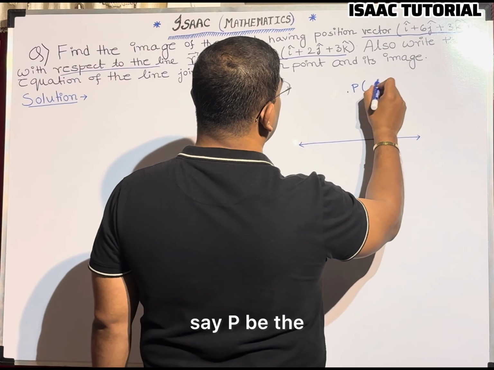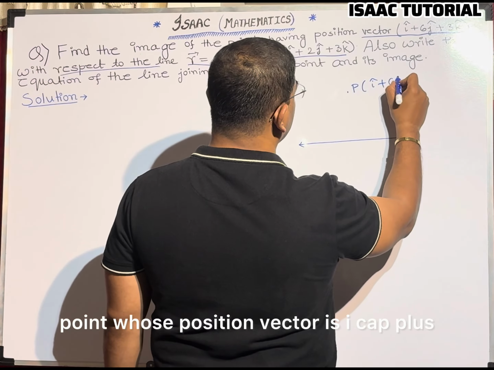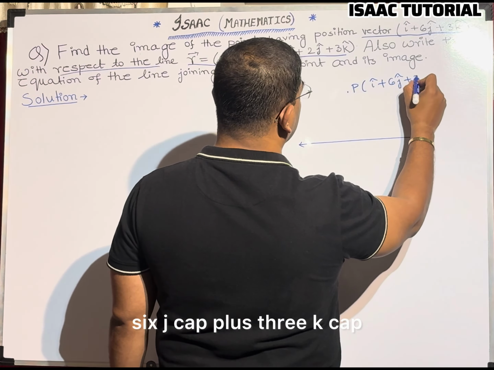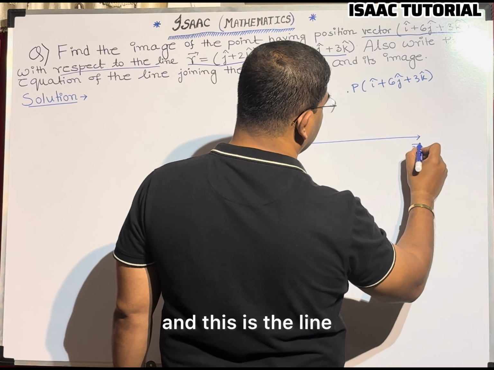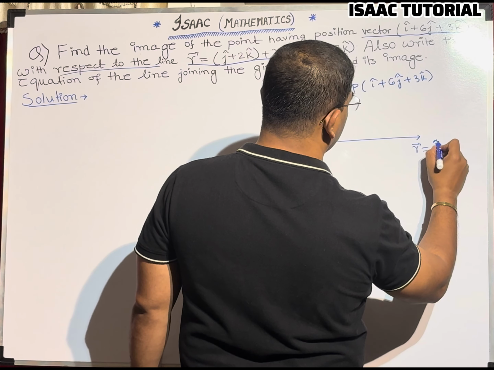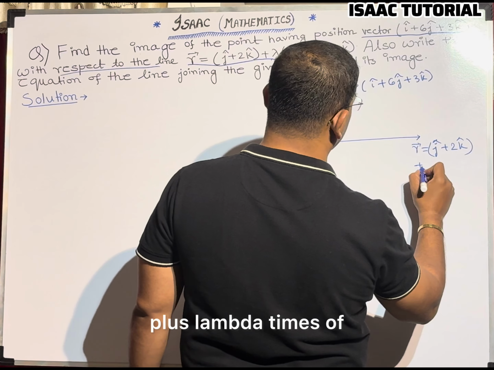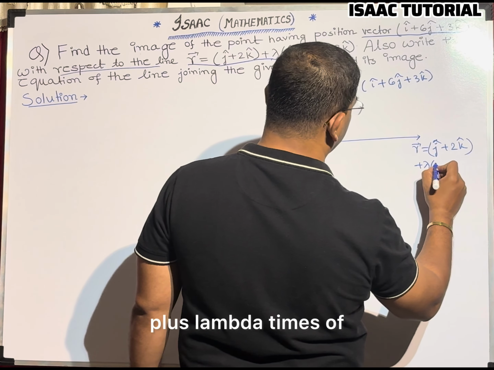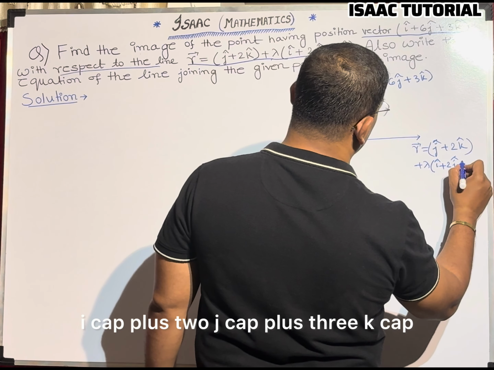say P be the point whose position vector is i cap plus 6j cap plus 3k cap, and this is the line which is r vector equals j cap plus 2k cap plus lambda times of i cap plus 2j cap plus 3k cap.